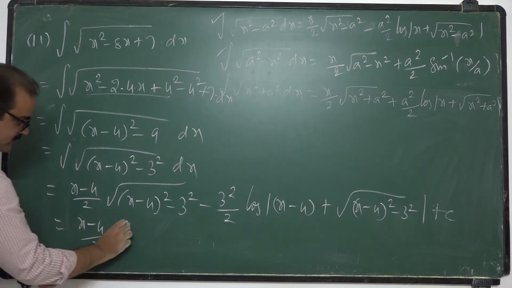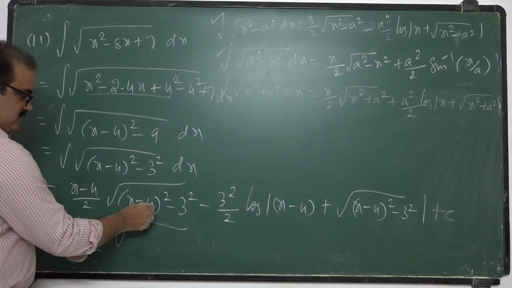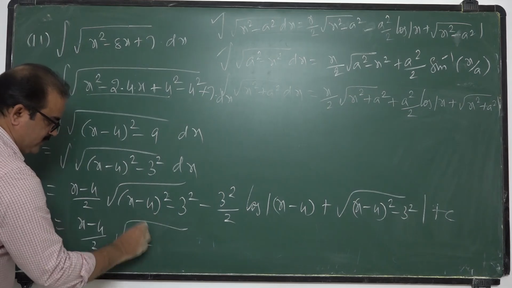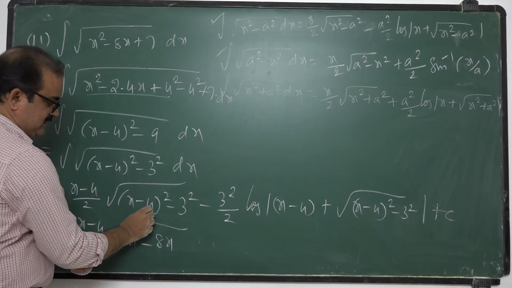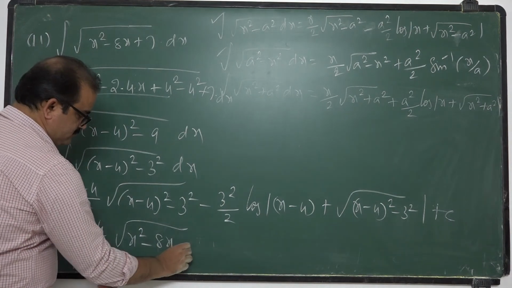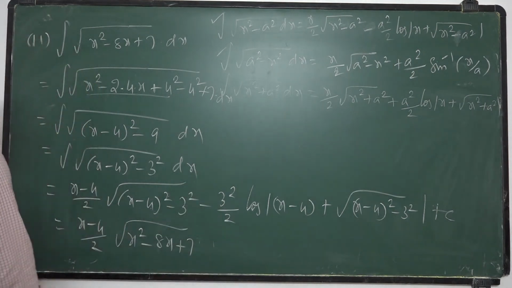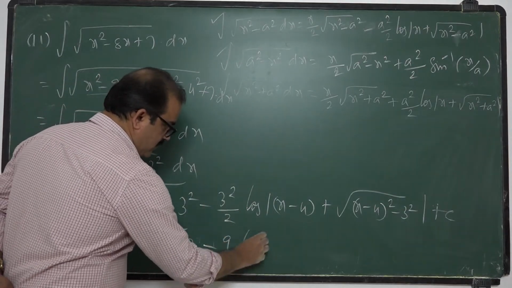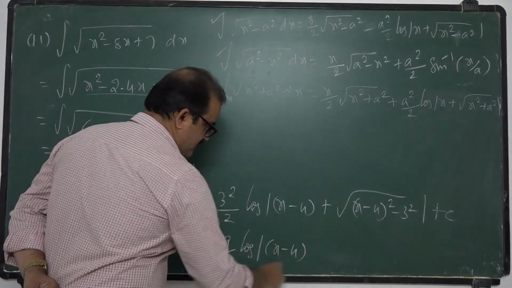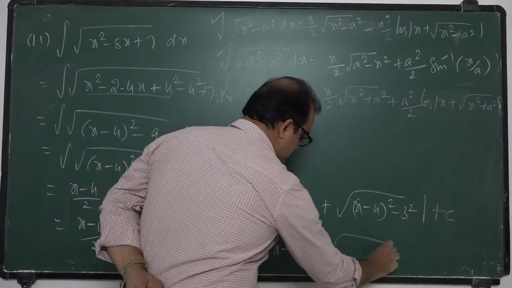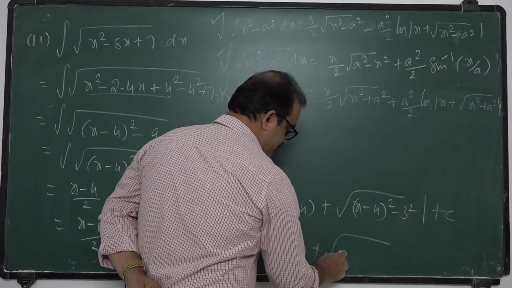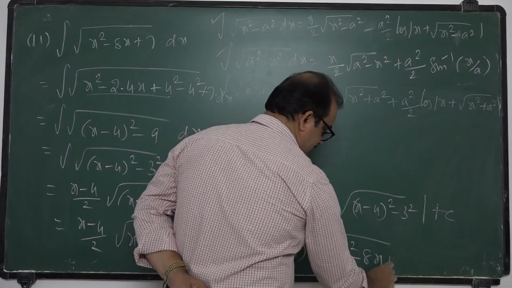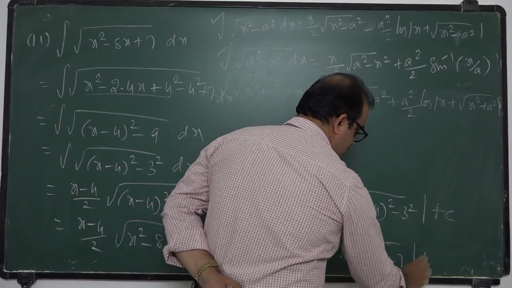(x minus 4)/2 into root of, it is in the form of (a minus b) whole square, a square minus 2ab, x square minus 8x plus 16 minus 9, so plus 7, minus 3 square 9/2 log mod (x minus 4) plus root of, expand it, x square minus 8x plus 16 minus 9 plus 7, plus c.